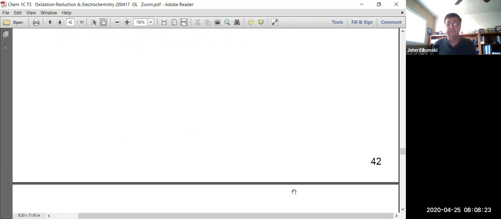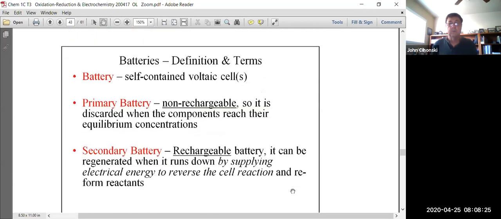Just touch on that. Now, when we talk about batteries, what we are really talking about, as opposed to cells, is a system that is self-contained. And you're familiar with these.